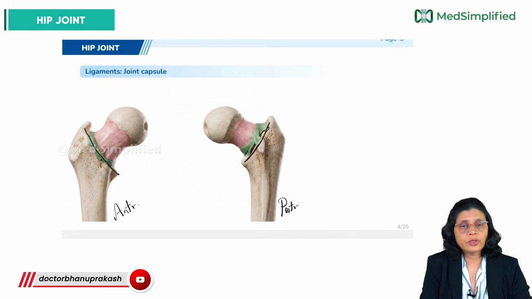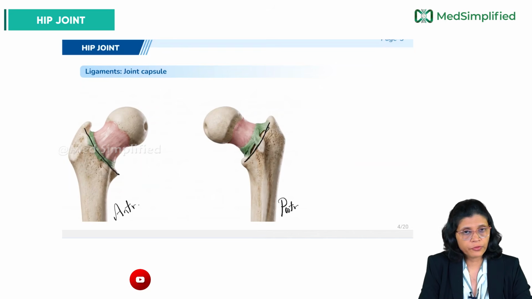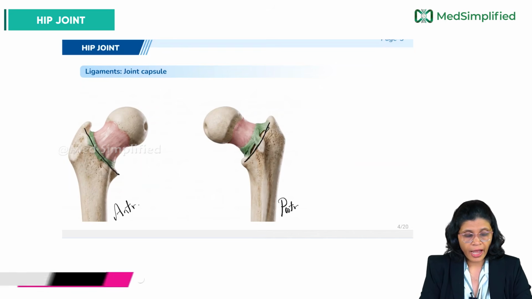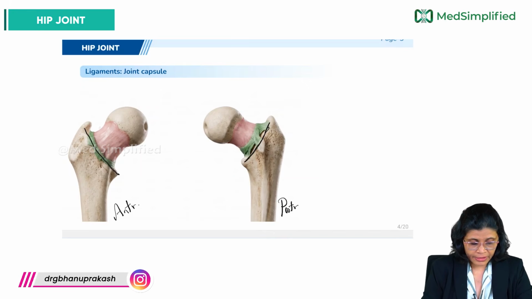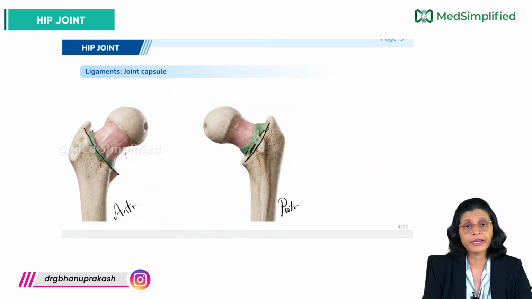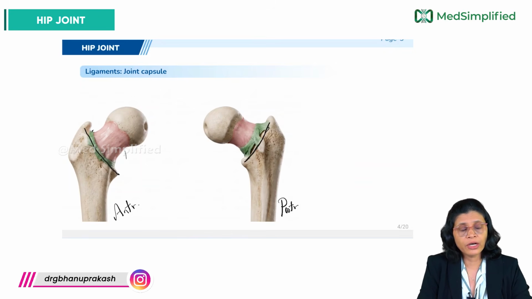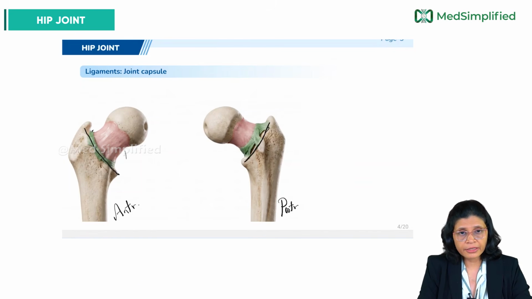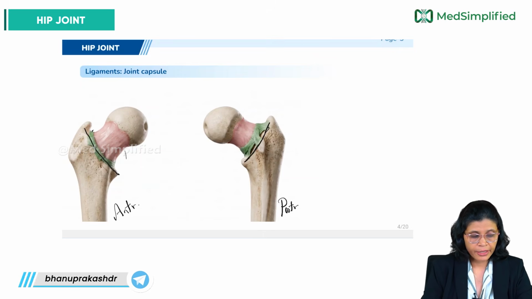The capsule is made up of two types of fibers: inner circular and outer longitudinal. The inner circular fibers form a collar around the femoral neck, called the zona orbicularis. It is the circular layer of the capsule, enclosing the neck.